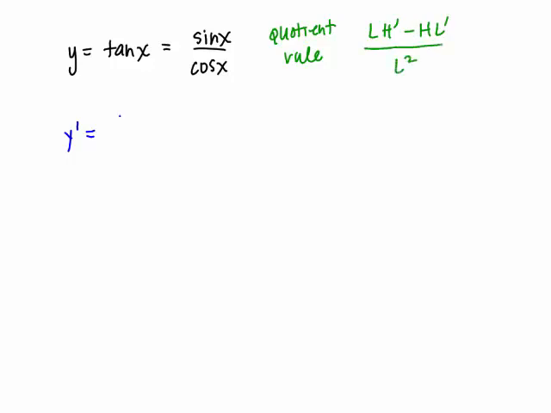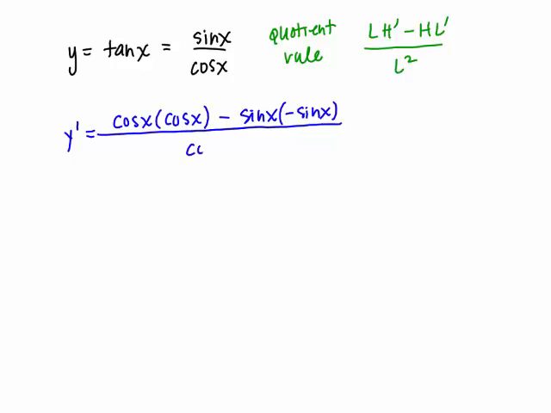The low function is cosine. Derivative of sine, d high, is also cosine. So that's low d high minus high sine d low. The derivative of cosine is negative sine, all over low squared. That's cosine x squared.